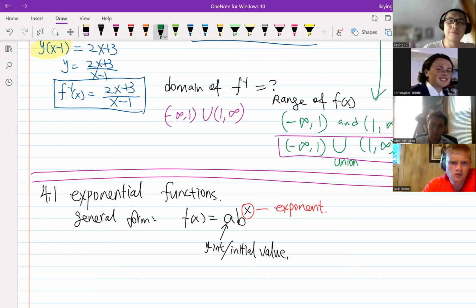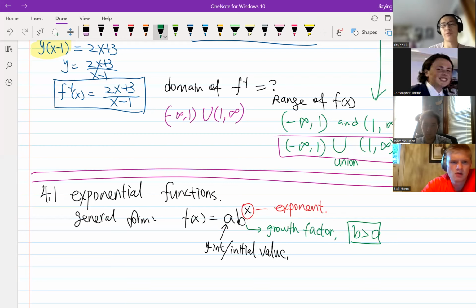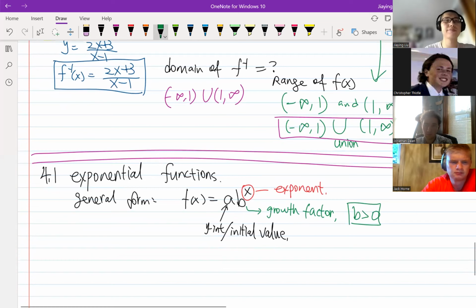And the b here is, sorry, not the y, it's the growth factor or decay factor, and b is strictly greater than 0. So we don't talk about a negative base. So the base b has to be positive.